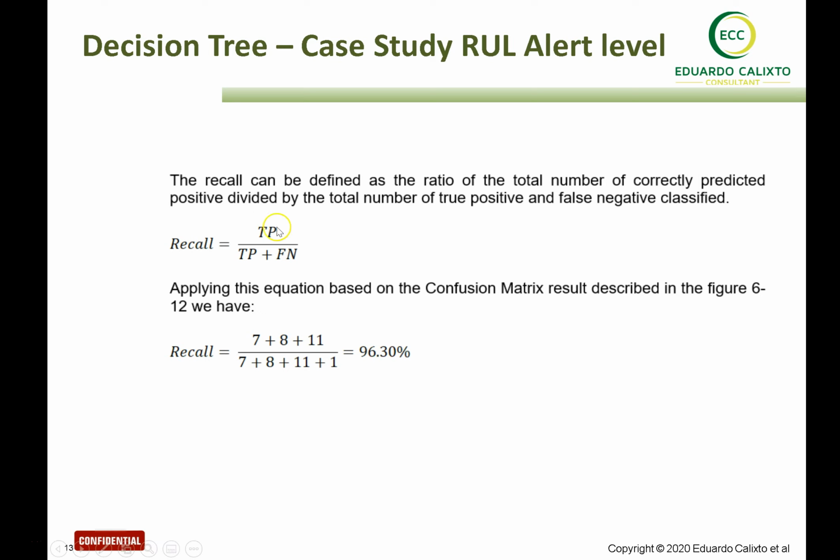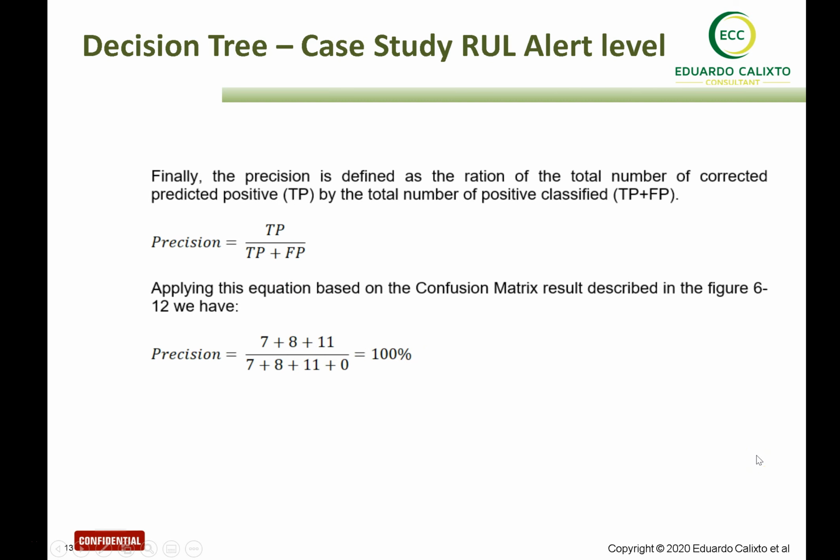Recall is calculated by total true positives divided by true positive plus false negatives. So I also got 96.30%. Or precision, that is total true positive divided by true positive plus false positives. Here I get 100%.